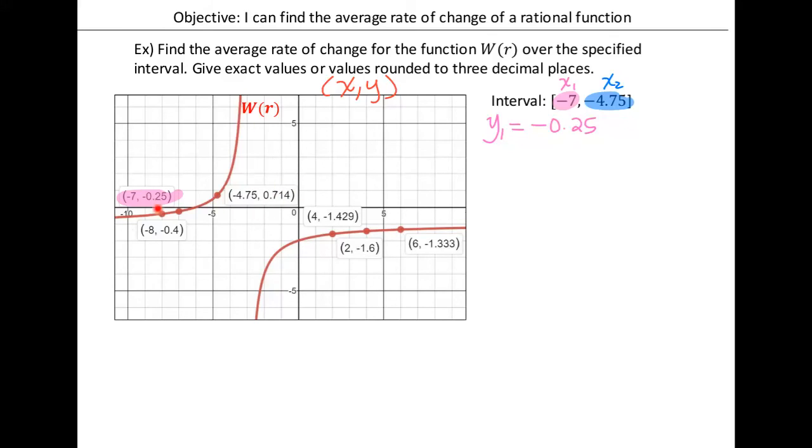And notice those are on the same side of the curve. So if you ever get something on one side of the curve, the other one should be on the same side. So then y2 would be 0.714. I have my values, just plug them in now. So y2 minus y1 over x2 minus x1.